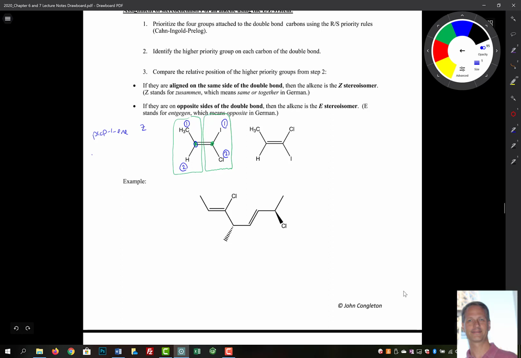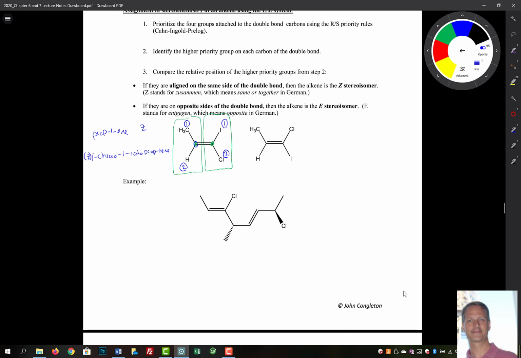So it's a 1-chloro, 1-iodo, prop-1-ene. And we're not totally done yet because we need to squeeze in here the fact that that is a Z. So it kind of got crammed in there, but you get the idea.